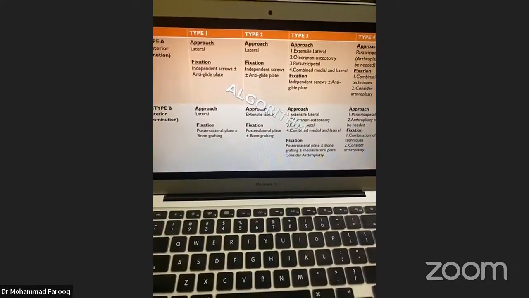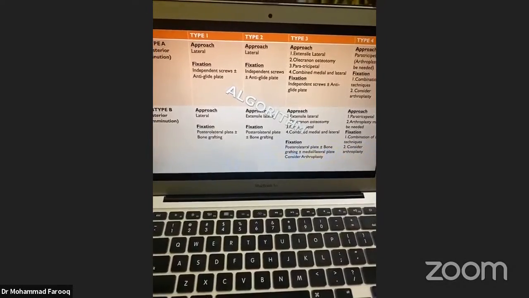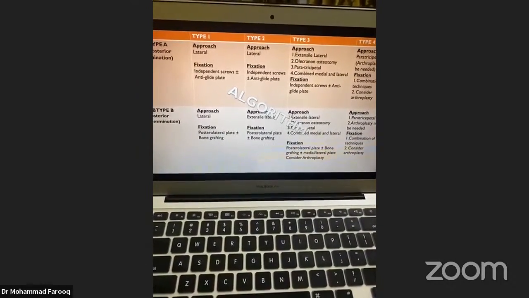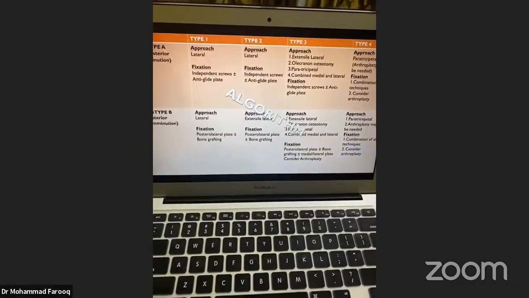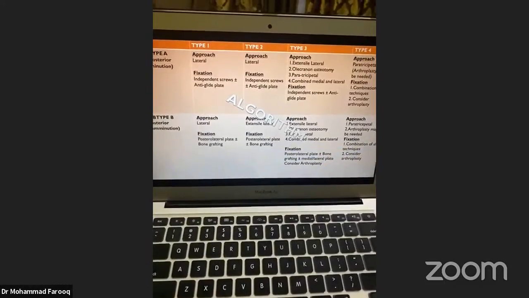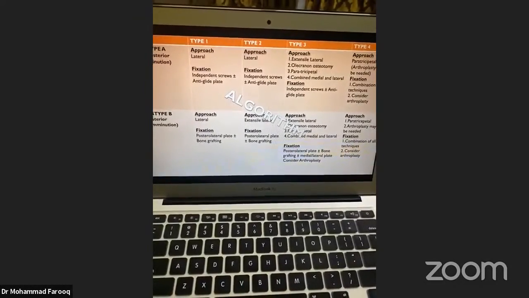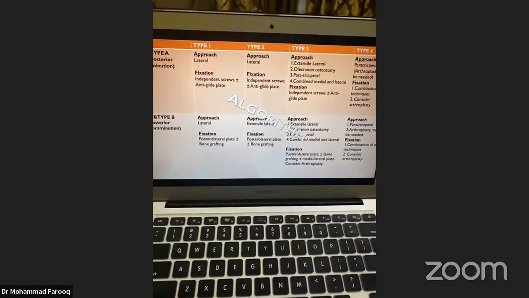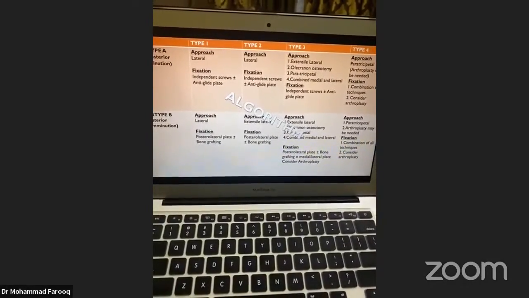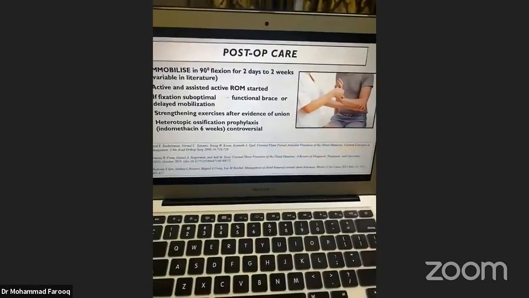This is an algorithm based on Dubberley's classification wherein one can easily choose the approach and type of fixation device depending upon which type of fracture a surgeon is dealing with, whether it is subtype A or subtype B, and this can help us in making a rough assessment of the approach as well as choosing the implant preoperatively.